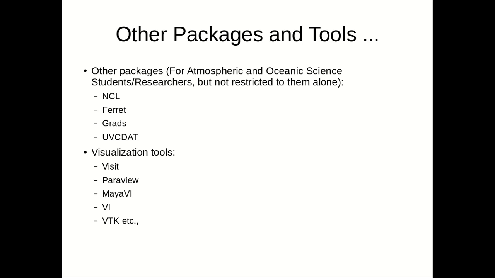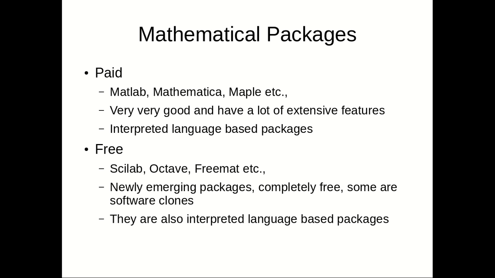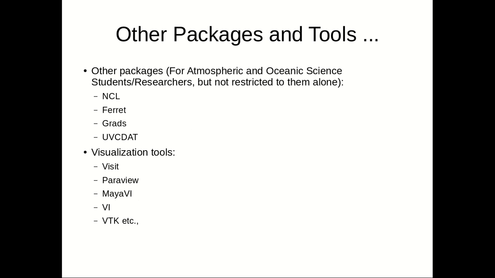And what will be a very interesting thing is if you are able to combine these packages, or these programming languages or mathematical packages, with Fortran, C, or C++. If you're able to combine these two in a proper manner, then you have the advantage of extremely fast data processing and fast arithmetic done by the compiled languages, and you have extremely good plotting and data handling features of interpreted languages.